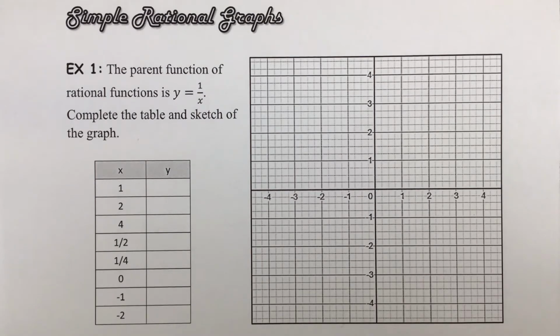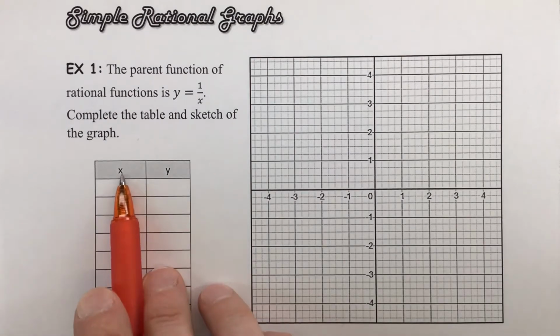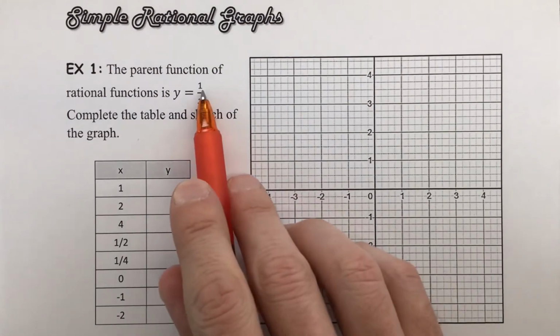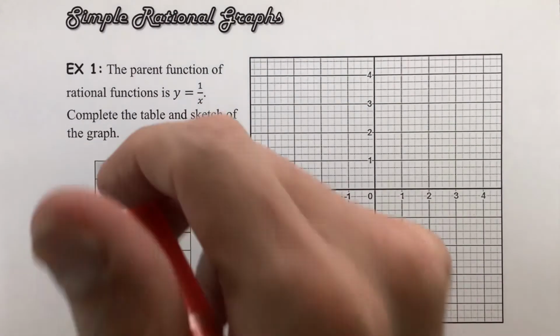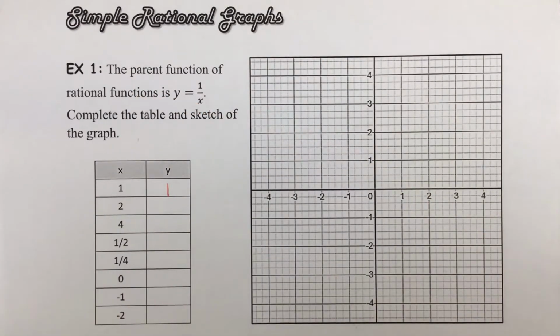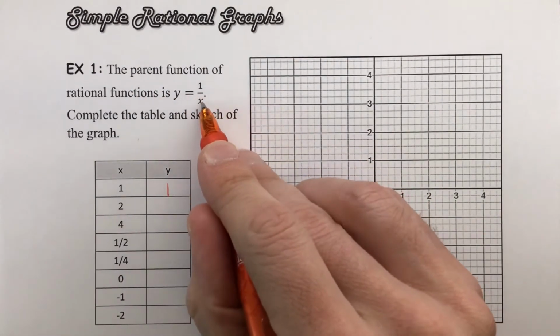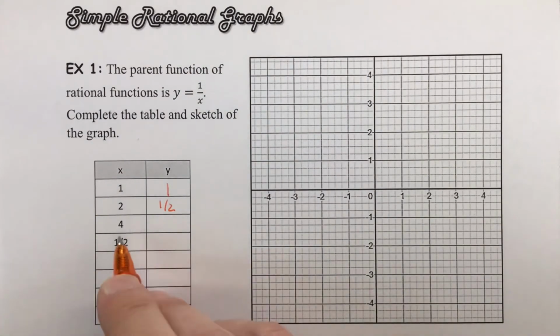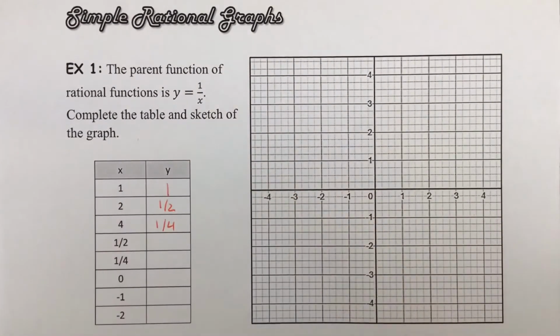All right, so let's start with the table of values. Let's choose all of these as x inputs. When we put that in for the x, what happens? What happens when we divide 1 by 1? You get 1. What happens when you divide 1 by 2? You get 1/2. And then if you divide by 4, you get 1/4.